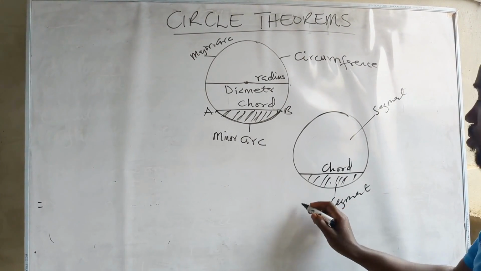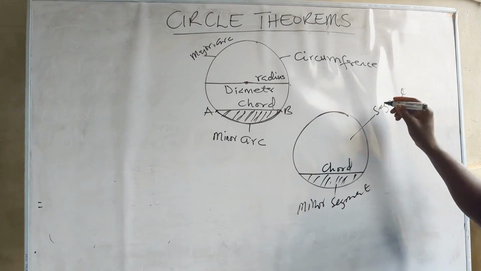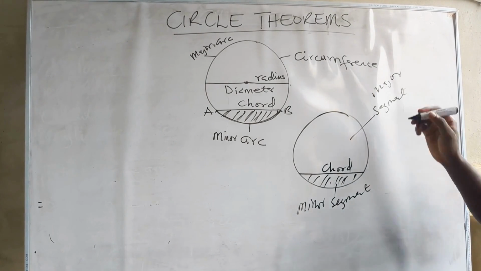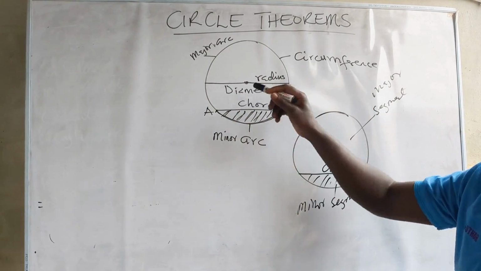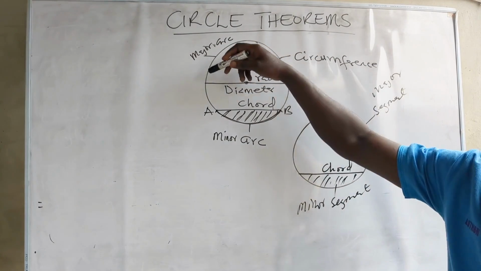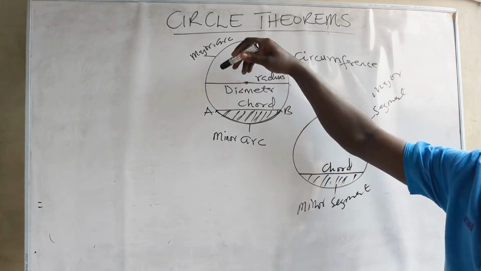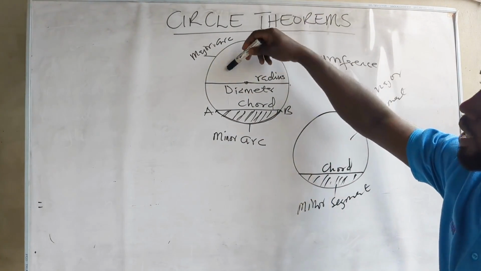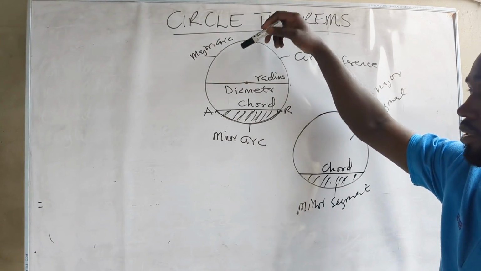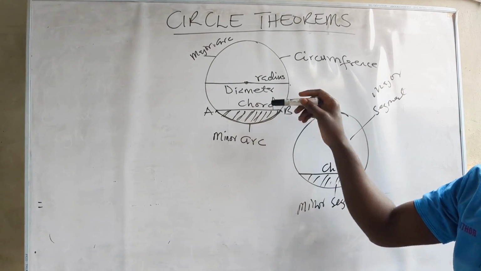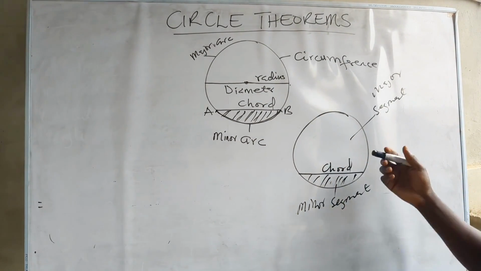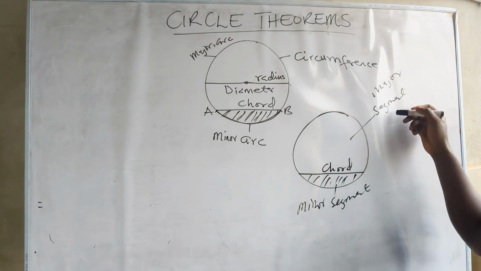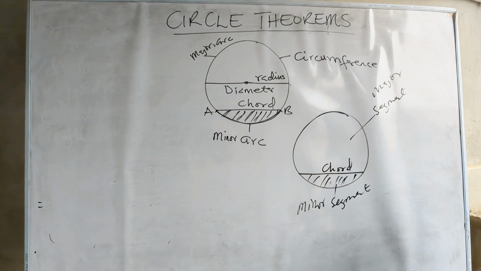The side that is small is the minor segment, and the bigger part is the major segment. If it's a diameter, because the diameter passes through the center, it will divide the circle into two equal parts, and we have a semicircle, that is half of a circle. But if it's a chord, it doesn't divide into two equal parts, so you have a major segment and a minor segment.